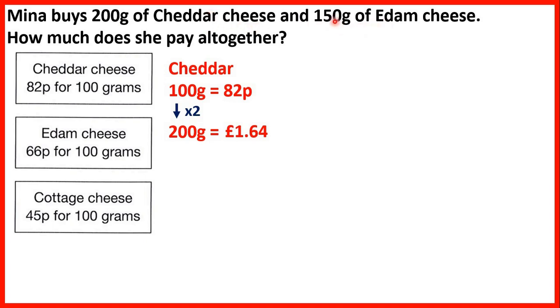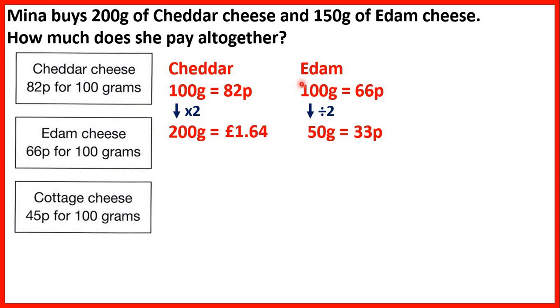But she also buys 150 grams of Edam cheese, which we can see is 66 pence for 100 grams. So we can work out how much 50 grams will cost, because 100 divided by 2 is 50, and 66 pence divided by 2 is 33 pence.